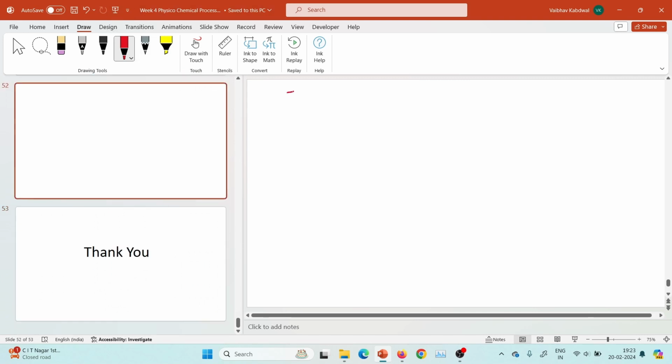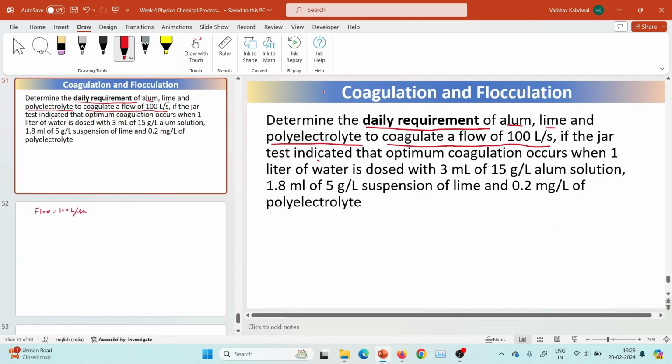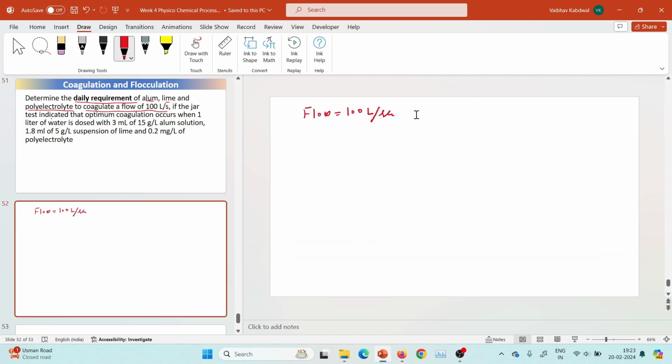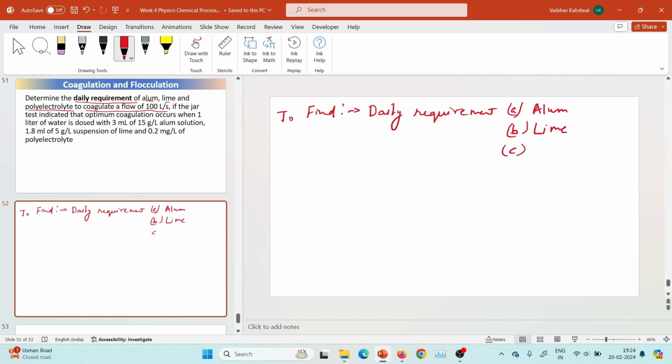The flow is 100 liters per second, and first we will note what we need to find: the daily requirement of alum, lime, and number three is polyelectrolyte.